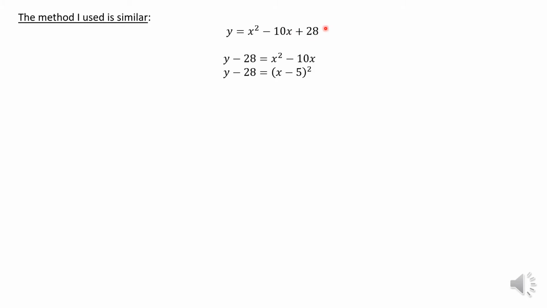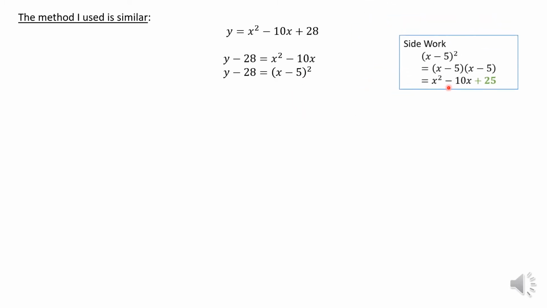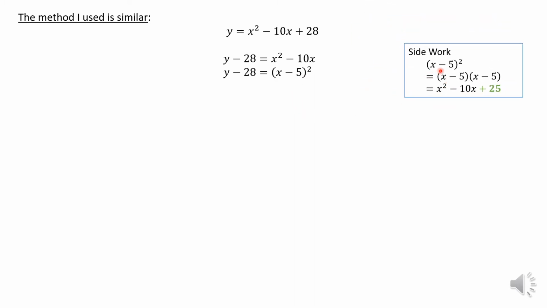So my method is to take the 28 to the other side, since it's kind of in the way, and then you are left with x squared minus 10x. When the coefficient of x squared is 1, it's quite straightforward. You take half of the middle term, which is negative 5, and square that. So I've done it on the side: if you take x minus 5 and square that, the minus 5 comes from half of negative 10, remember?